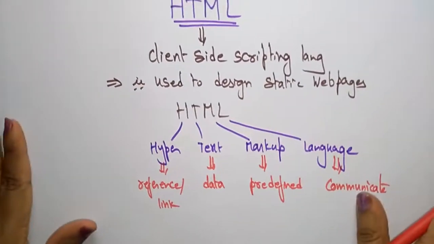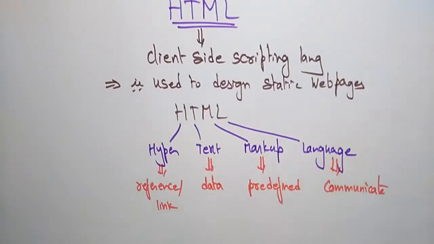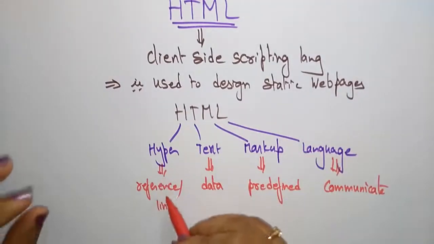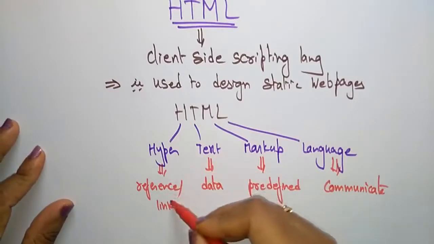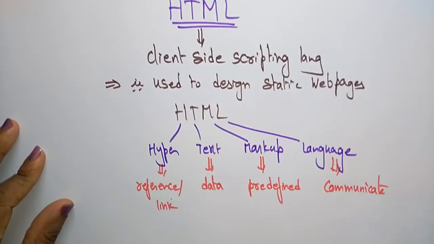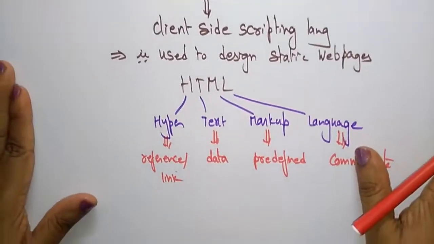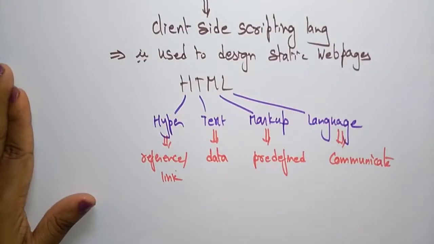So whenever you are asked what HTML is, say HTML is a hypertext markup language, and explain what each term refers to. Hyper means reference link, text is data, markup is predefined, and language is communication.